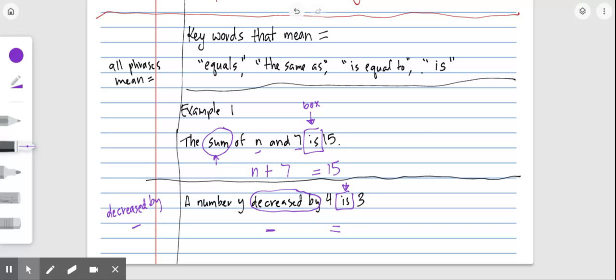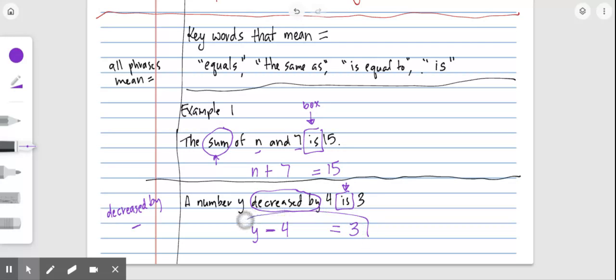A number y decreased by 4. It does not say the word than or from, so I'm going to keep it in the same order. So it goes y minus 4. Is, so I've got an equal sign, is 3. Okay, so y minus 4 equals 3. That's what this expression is saying. A number y decreased by 4 is 3 is the same as y minus 4 equals 3.